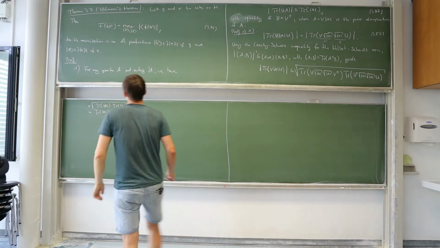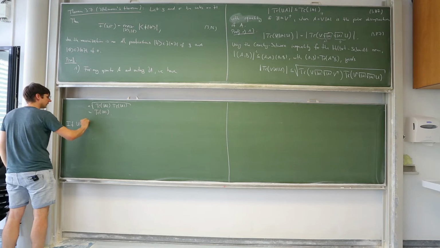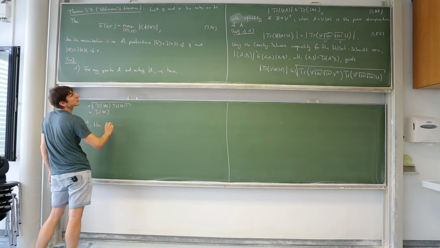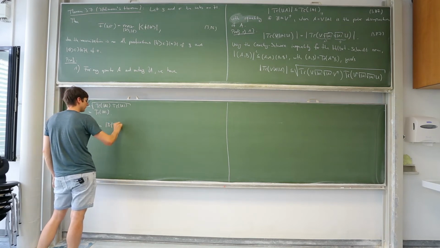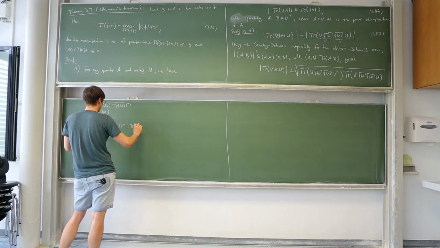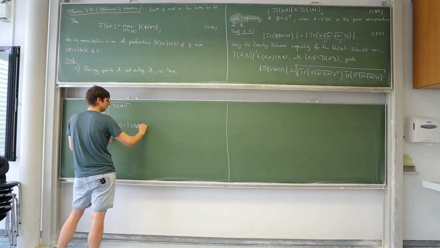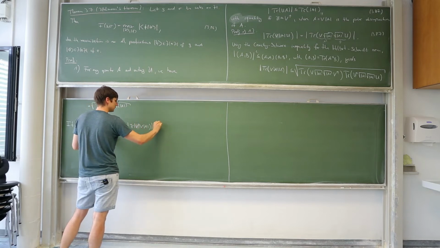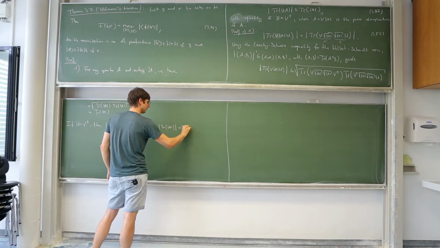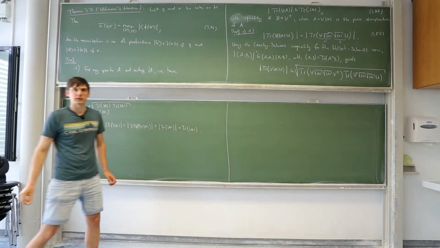Because then, if U is equal to V dagger, we have that the modulus of the trace of UA is equal to the modulus of the trace of V dagger times the polar decomposition V modulus of A, right? So this is the modulus of the trace of the modulus of A, and this is the trace of the modulus of A. Okay, this now proves our first statement.